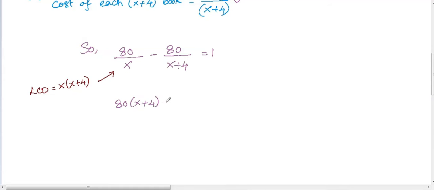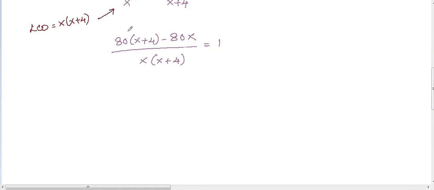Multiply and divide the first fraction by x plus 4 and multiply and divide the second fraction by x. So we'll get 80 into x plus 4 minus 80x divided by x into x plus 4 equals 1. Now distribute.